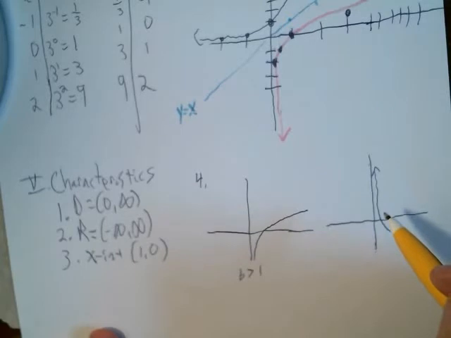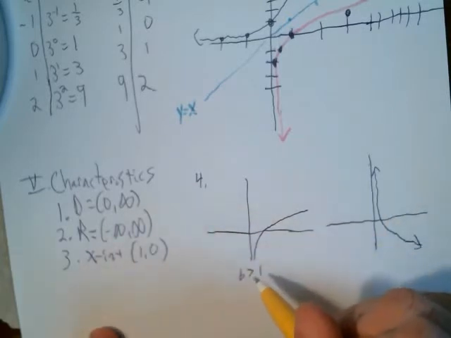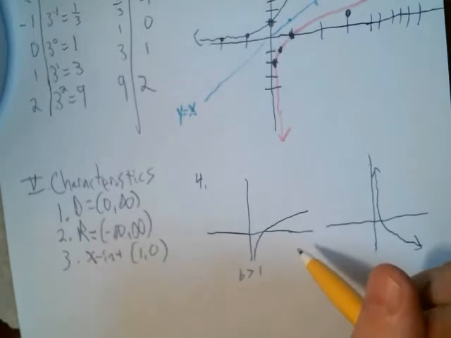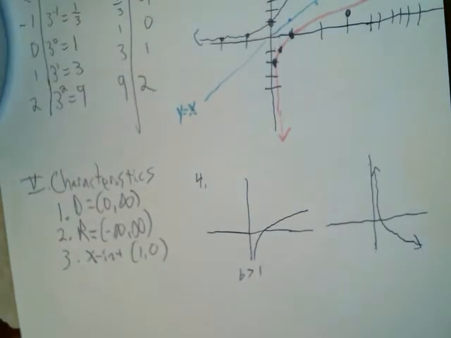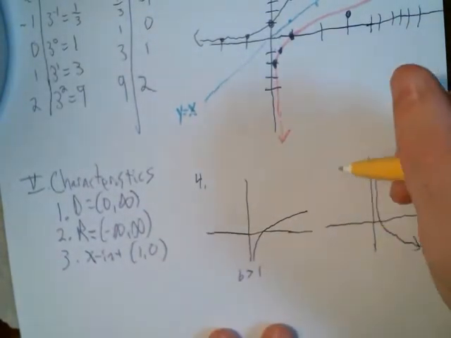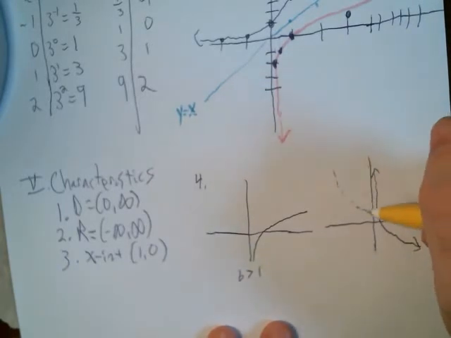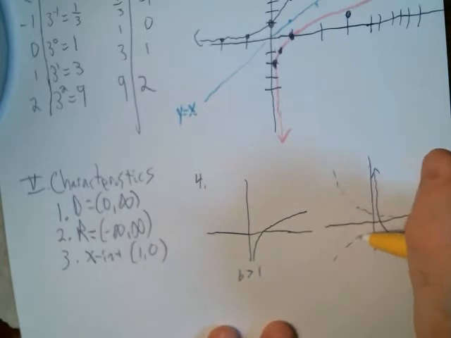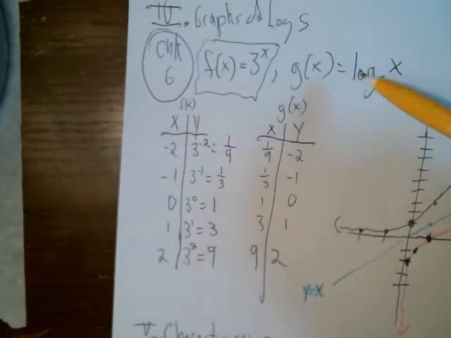Well, you're going to rotate this one about the line y equals x, I believe. If you look at the exponential decay and then rotate that, you'll get this graph here.